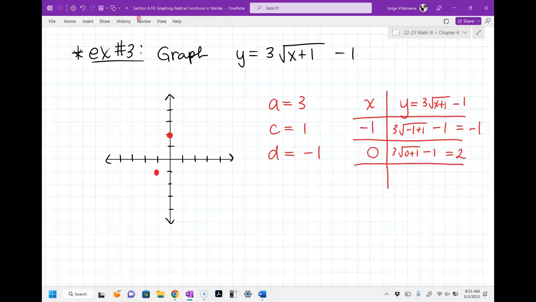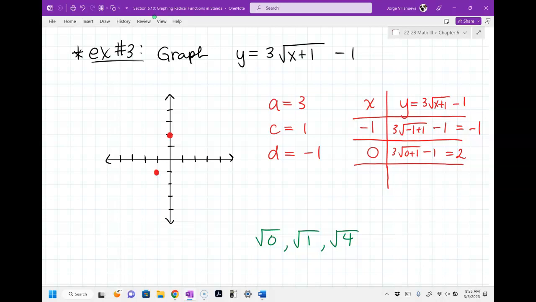So why would I do this thing, picking a negative 1? It's because remember what I told you? I wanted to have square root of 0, square root of 1, and square root of 4. If you look at my previous problems, that's what we had, right? Square root of 0, square root of 1, square root of 4. Those are nice square roots. So what I ask myself is, how do I get the square root of 0 if it's x plus 1? Well, x has to be negative 1. That's how I get a 0 there, right?